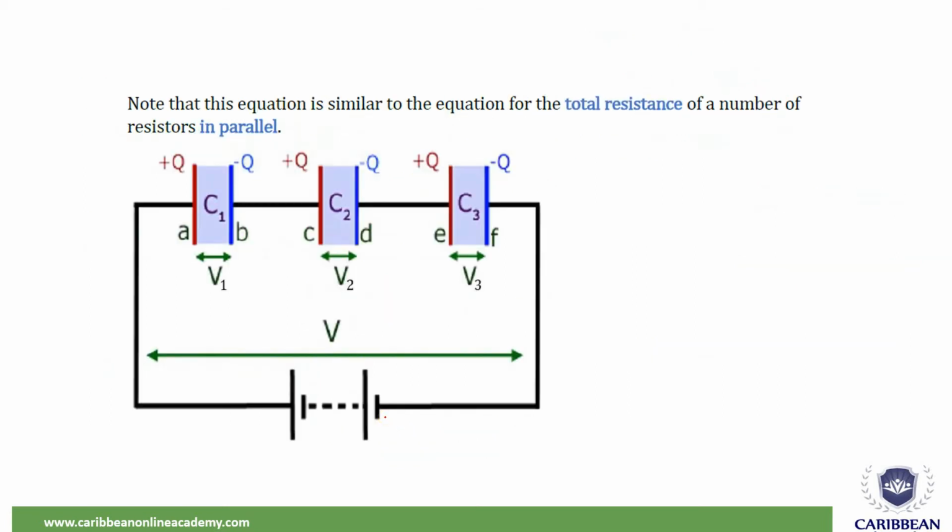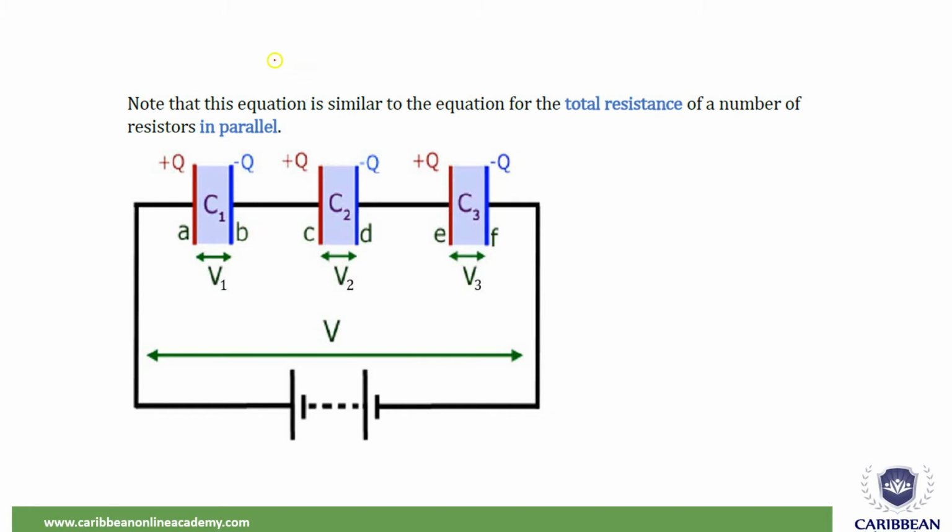Now, let's consider, let me see what's happening here. Okay, yeah. It says to note that this equation is similar to the equation for the total resistance for a number of resistors in parallel, in terms of how the equation looks.